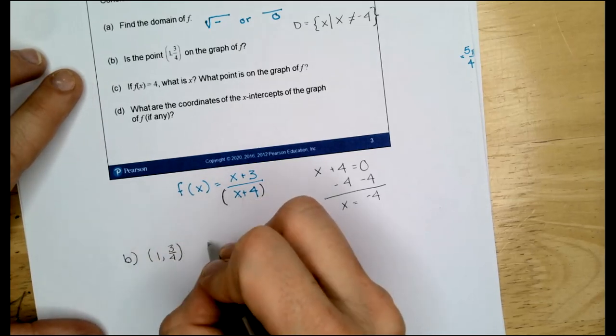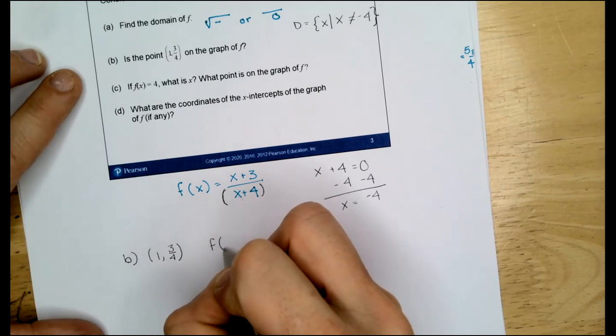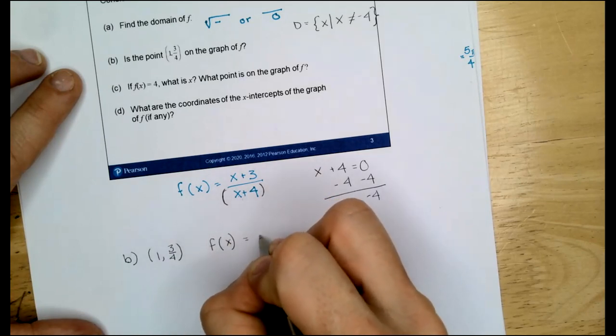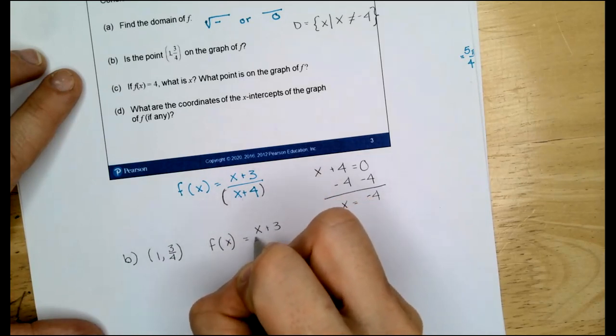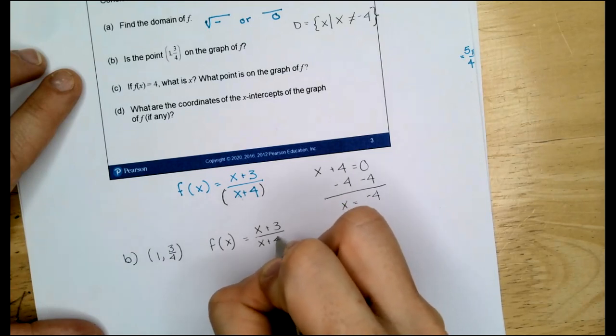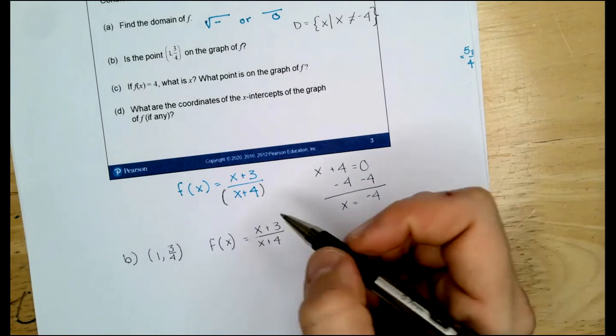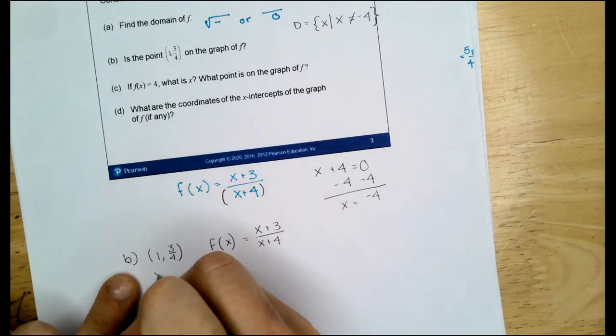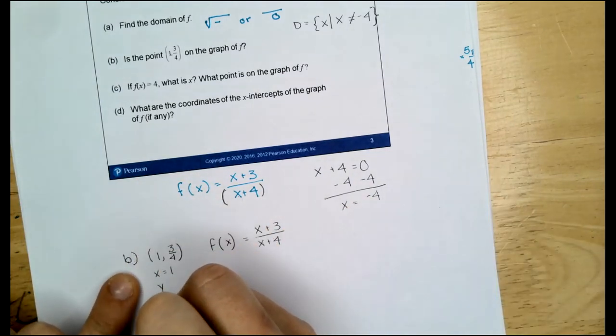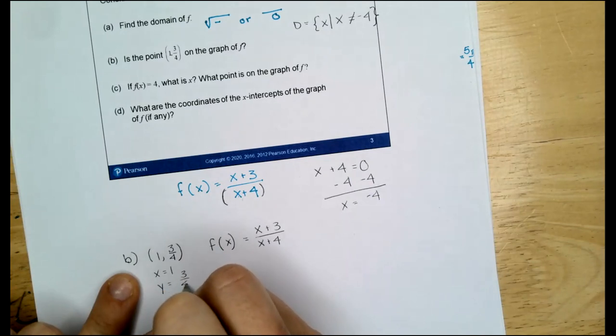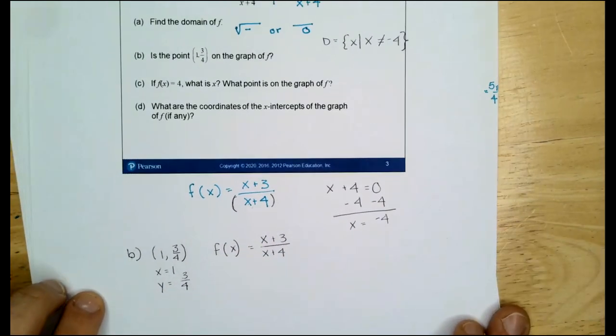the point is 1, 3/4. So the way I would write that for f of x is I'll just write f of x equals x plus 3 over x plus 4, right? So my x is 1, my y is 3/4, just because that's what I know about coordinate points, right?